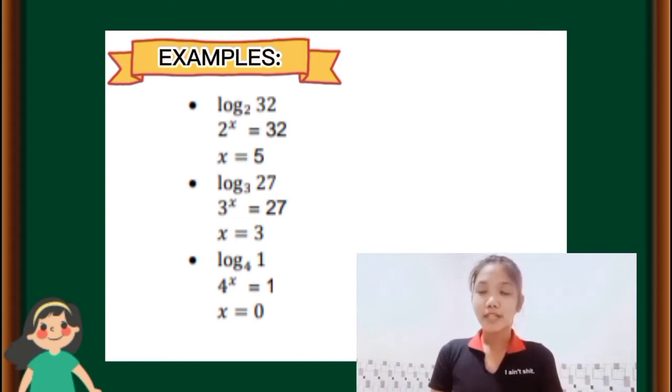Bakit? Dahil pag ginawa natin to, 4 times 4 is equals to 16. Hindi siya magtatali sa value ni x na 1. Hindi rin naman natin pwedeng gawing 1 yung exponent ni 4 dahil 4 raised to 1 is 4. Is also 4. So, kaya magiging value ng exponent is 0.